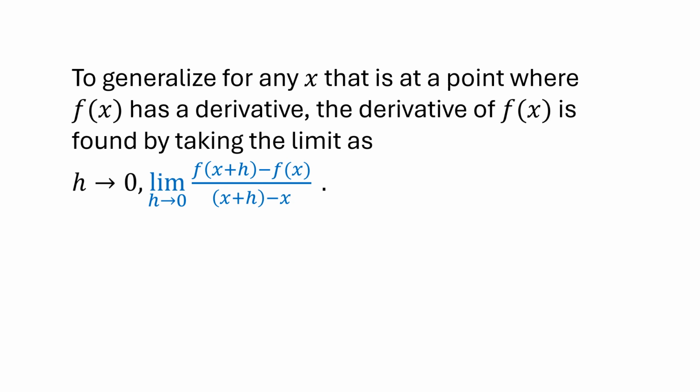The derivative of f of x is found by taking the limit as h goes to 0 of f of x plus h minus f of x over x plus h minus x. That would give us an expression or a function. The derivative is a function of x, and we could plug in a specific value to find at a specific x what the slope might be.